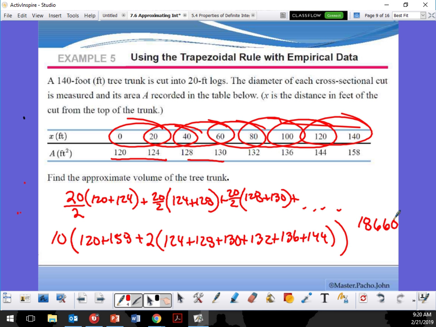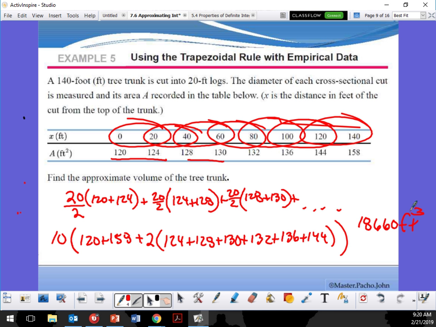One more time, please. 18,000. And is this volume? Yeah. So it's going to be feet cubed, right? Okay.